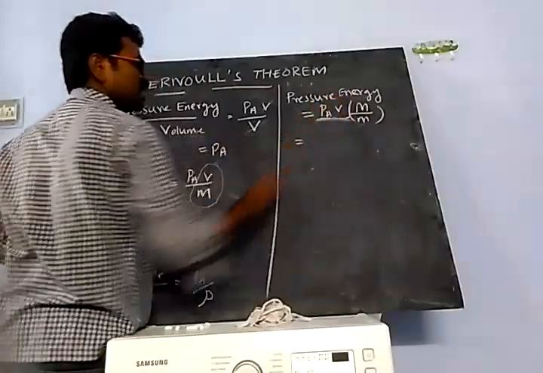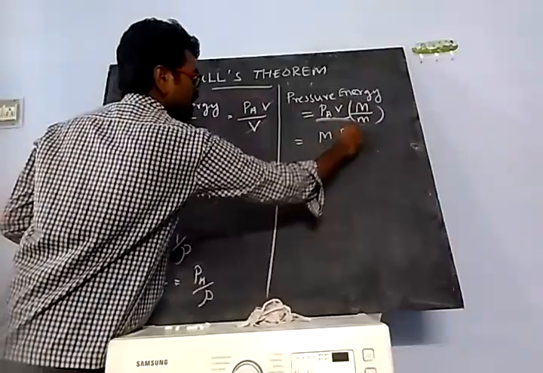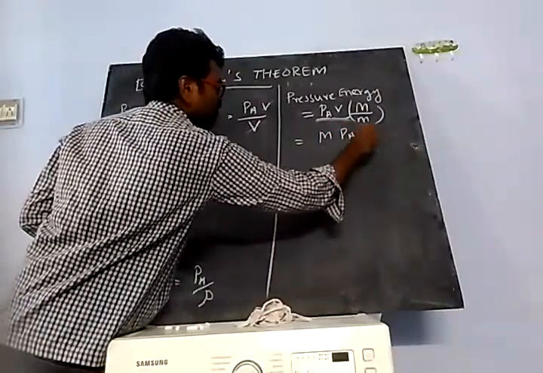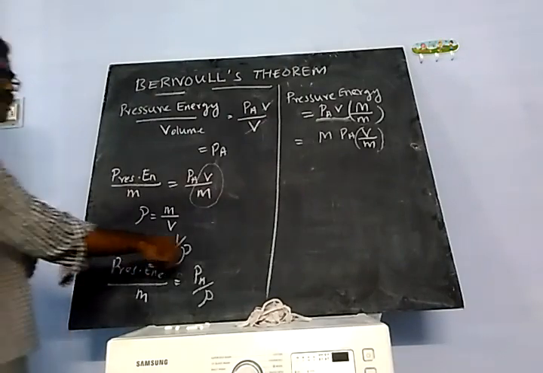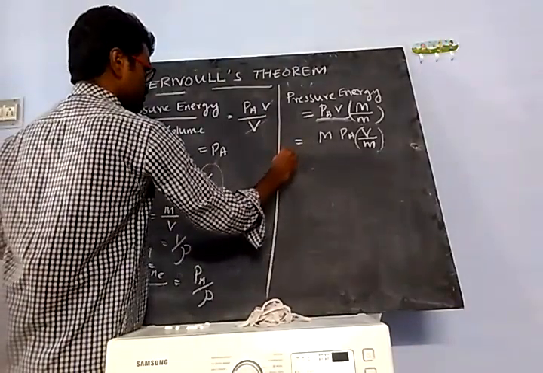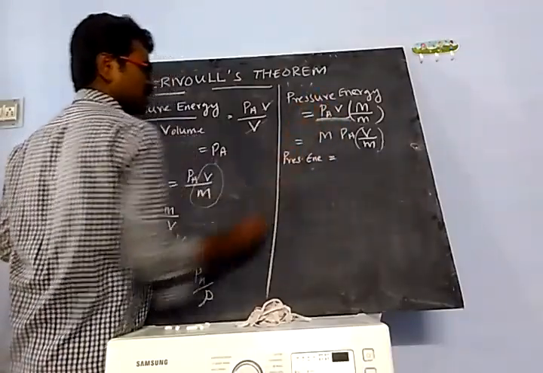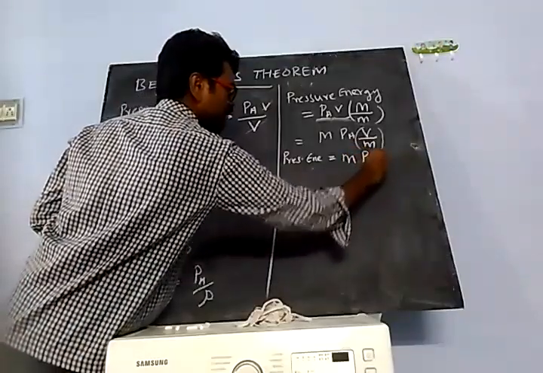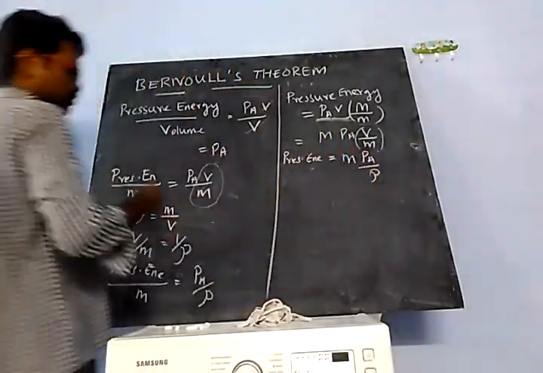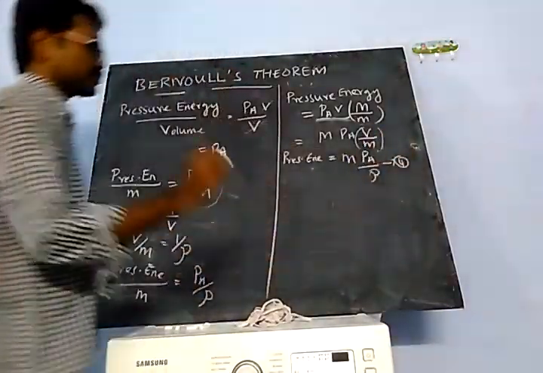So P_A V m by m. Then m P_A V by m. V by m is equal to 1 by rho. So pressure energy is equal to m P_A by rho. This is equation number 4.